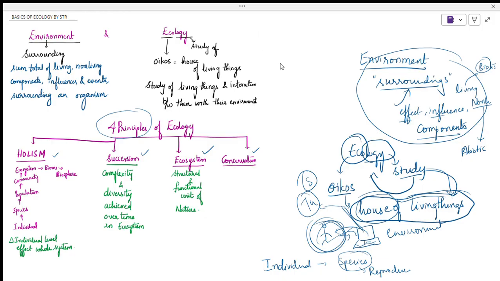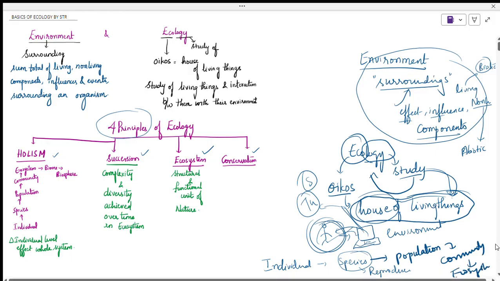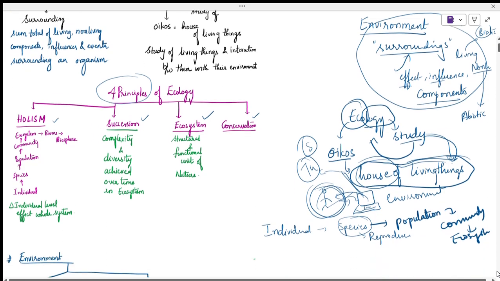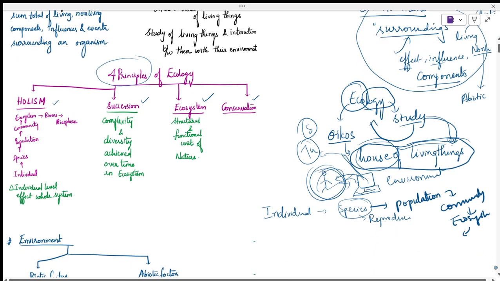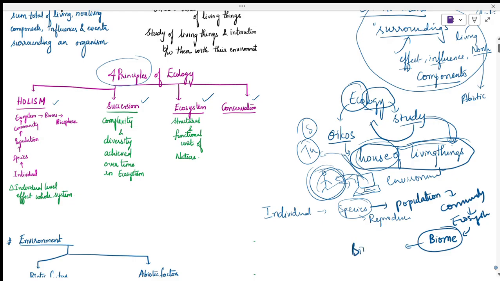Then a group of this species is called population, and group of different types of species is called community. Then we have ecosystem where living things and non-living things will be interacting with each other. Then ecosystem with some type of climatic conditions is called biome, and all these things will be there in biosphere where life is possible.